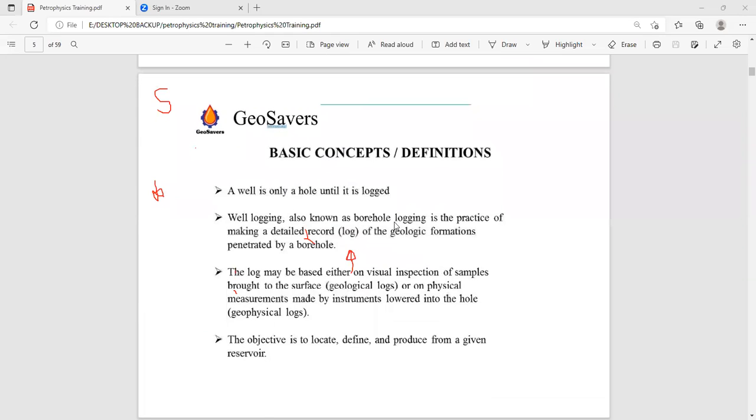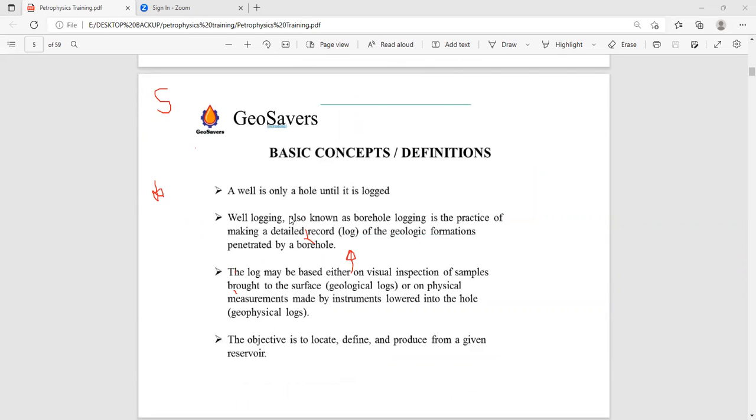All right, let's get back to the slides. So I've already given a brief idea of what well logging is all about. So we'll just look at the possible definitions that we have for well logging.